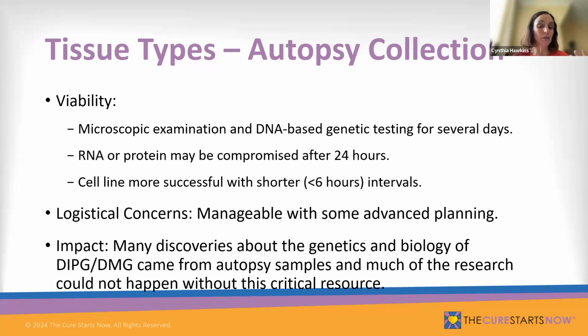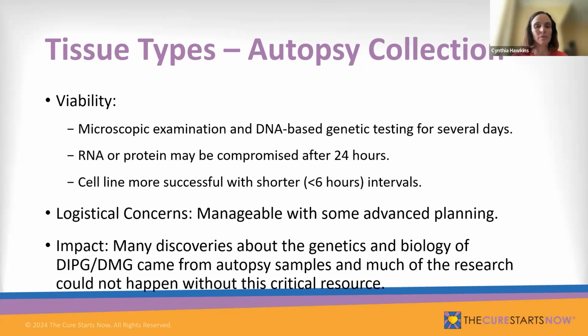The second major source of tissue in the DIPG world, in terms of the discoveries that have been made, comes from autopsies. In the early days of DIPG research, this was really the major source before biopsies were widely done. In terms of viability, autopsy tissue is excellent for looking down the microscope and looking for the features of the tumor. Generally, DNA-based genetic testing is very easy to do on autopsy material.